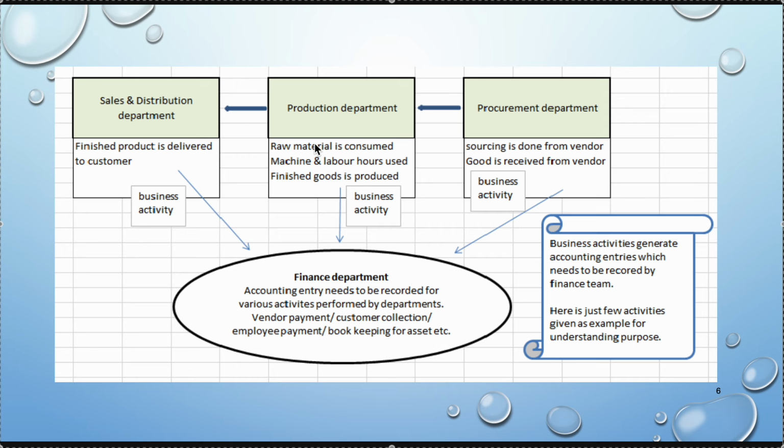Without accounting treatment, you cannot settle the accounts, and you cannot make the posting in the systems. So how these postings take place, and how it is accounted for in SAP, is very important.